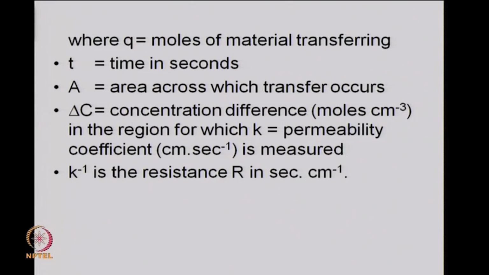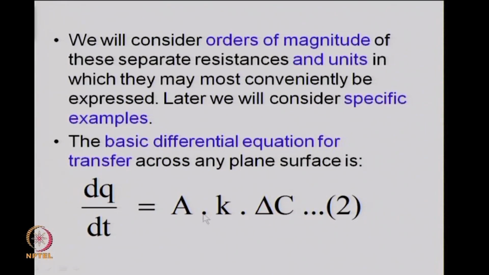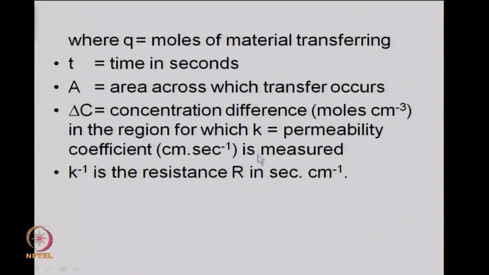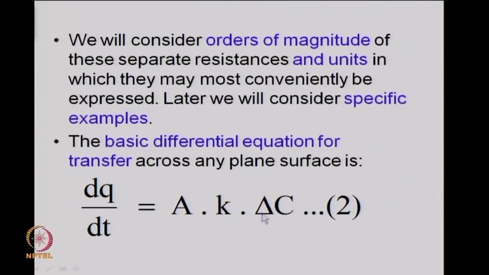Incidentally, delta C will be measured in moles per centimeter cube. It is a bulk concentration per volume, moles per volume. So, gram moles per centimeter cube, and that will mean the permeability coefficient or mass transfer coefficient is measured in centimeters per second. There is a variety of ways in which you can write the driving force.